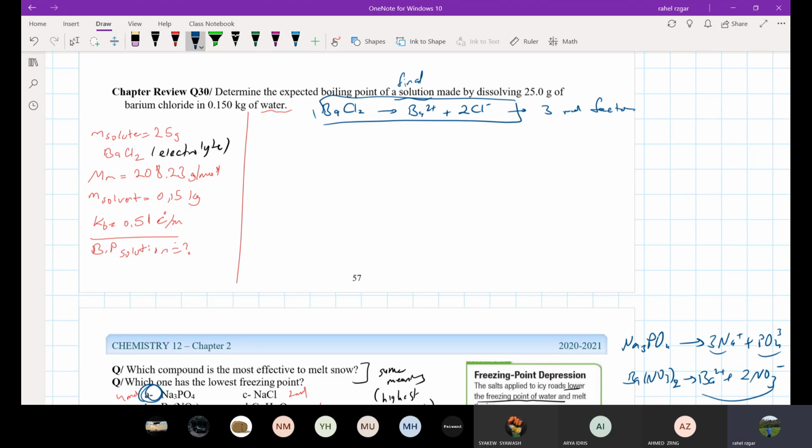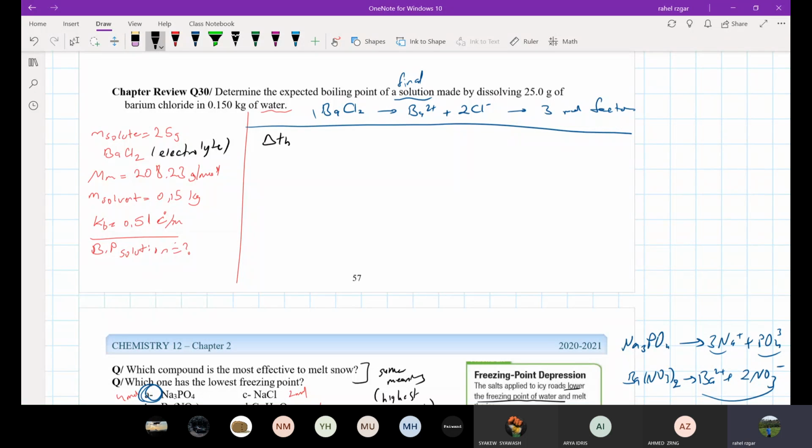Let's look, what do we have? It says find boiling point of solution. In which rule do we have boiling point of solution?